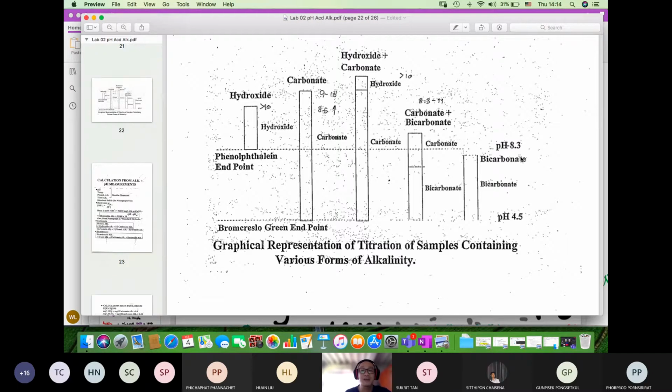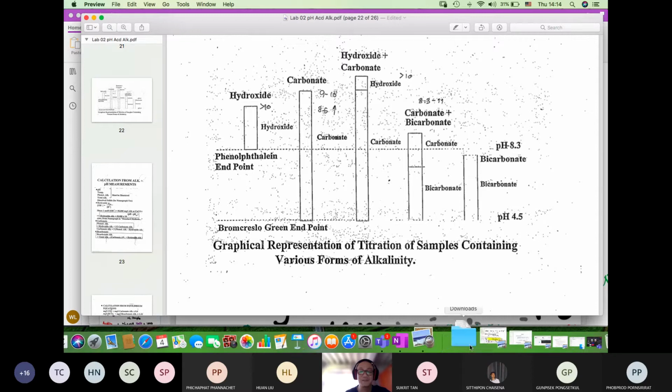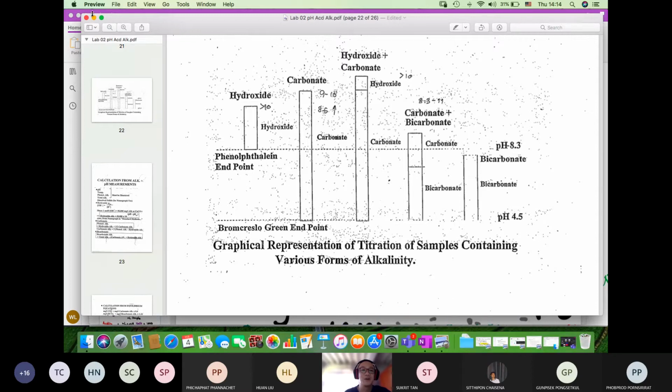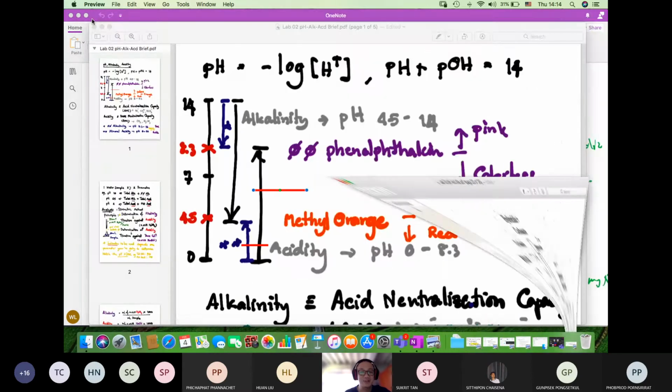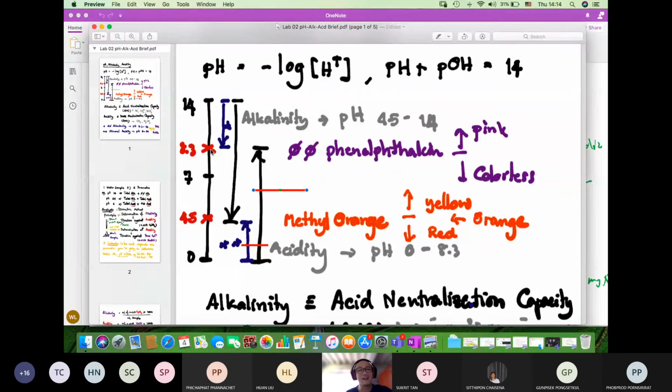That is why we pay attention to these two pH values. For 4.5, we use methyl orange just to observe the color. For 8.3, we use the phenolphthalein indicator just to observe the colors while the pH changes.